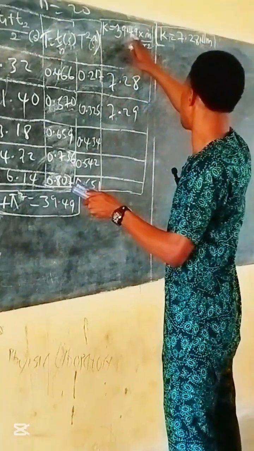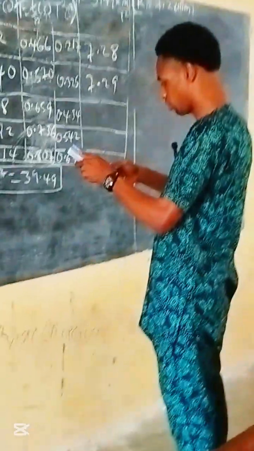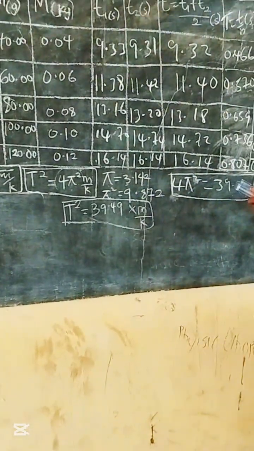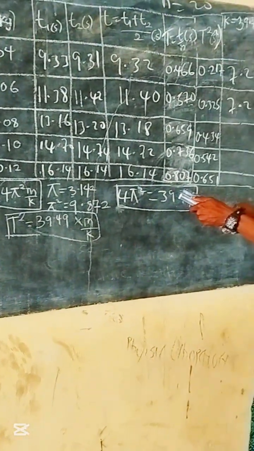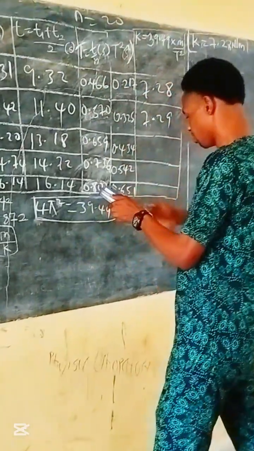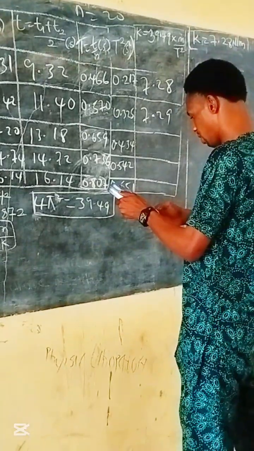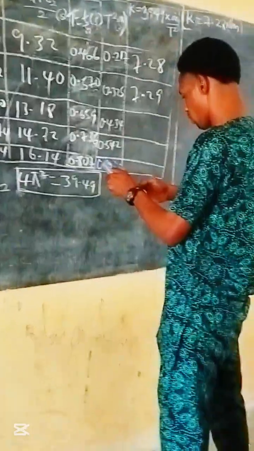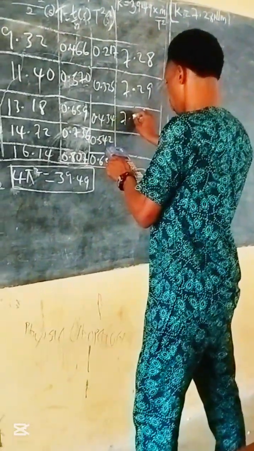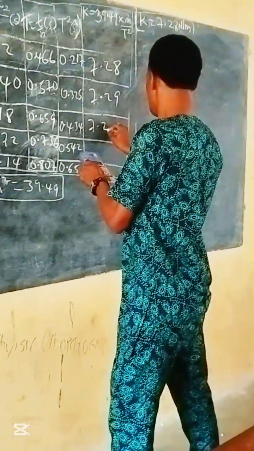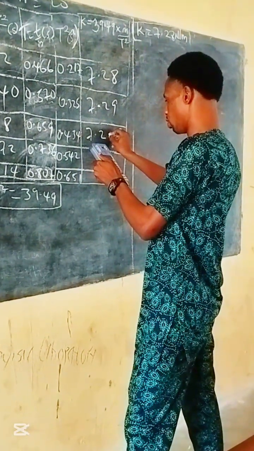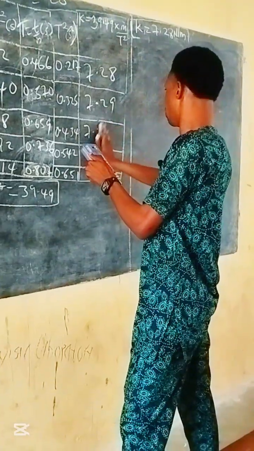So this is 39.49 multiplied by the mass I'm dealing with now, 0.08, divided by my T square, 0.434. And what is my answer? 7.30.